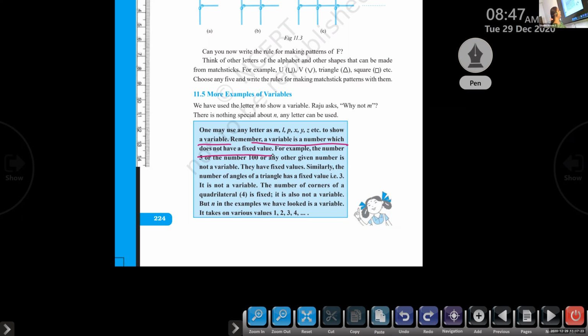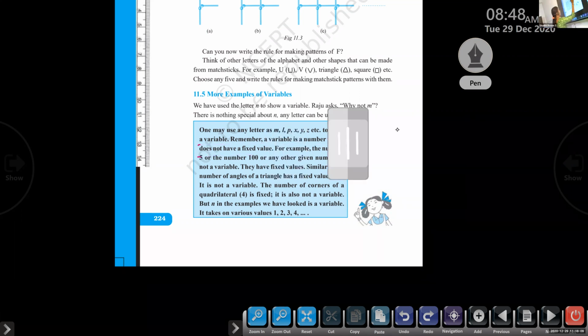You have already written it in the last class. I am just revising, otherwise you won't remember. So, what is the definition of a variable? A variable is a number which does not have a fixed value.